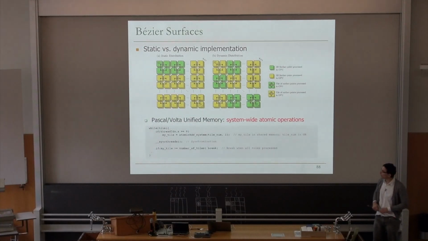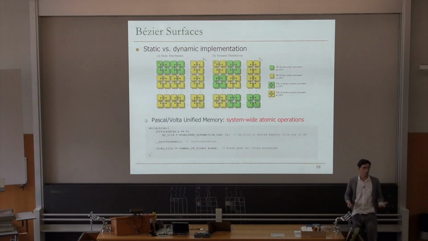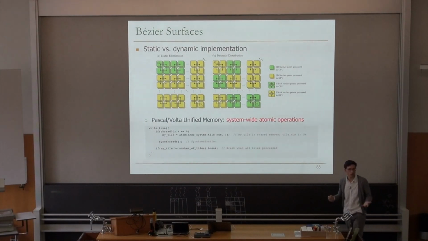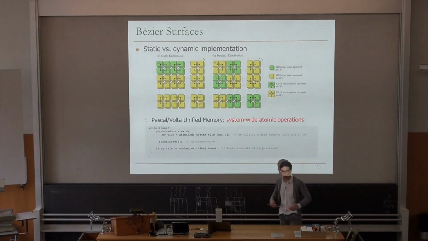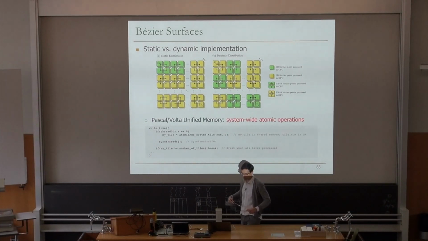But this is actually very useful if the computation is irregular and might take different amounts of time depending on the characteristics of the input or the part of the input.